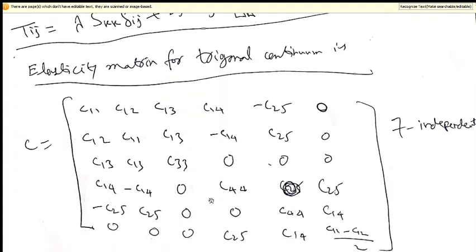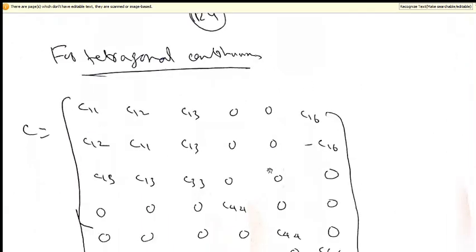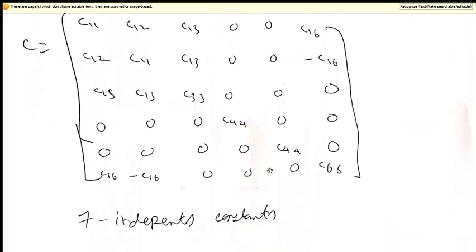Now this matrix C is for a trigonal continuum. It would have 7 independent components. You can count. For a tetragonal continuum, it would also have 7 independent constants.